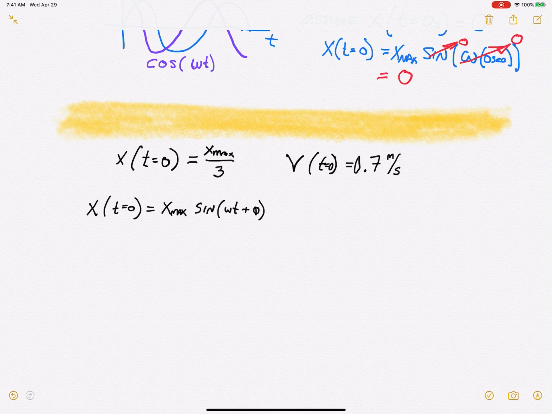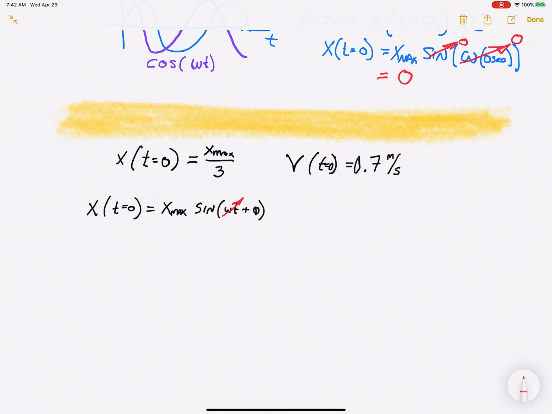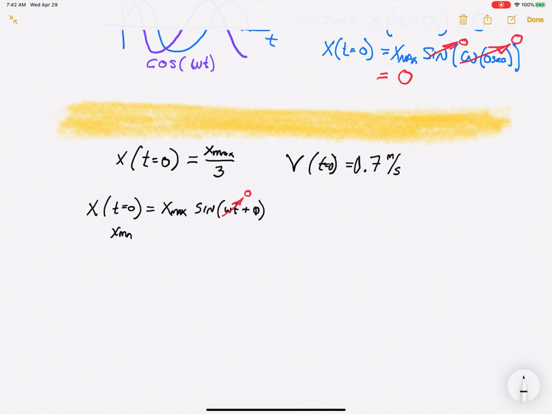But if we're setting the time equal to 0, then this term drops out, and we can do the next step of the derivation: x at time t equals 0 is x max over 3. That equals x max sine of phi.